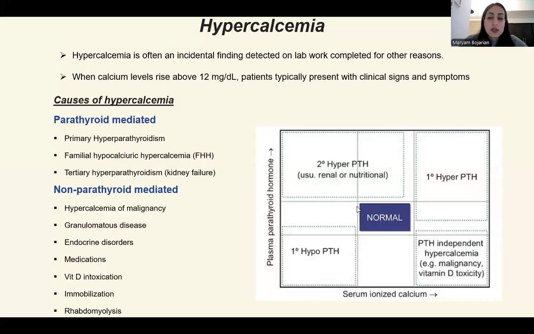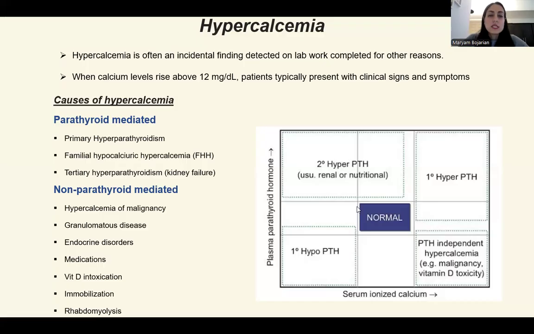Some medications can cause hypercalcemia, for example, thiazide diuretics, lithium. Vitamin D toxicity can cause hypercalcemia, immobilization, and also rhabdomyolysis. These are the differential diagnoses of non-parathyroid mediated hypercalcemia.